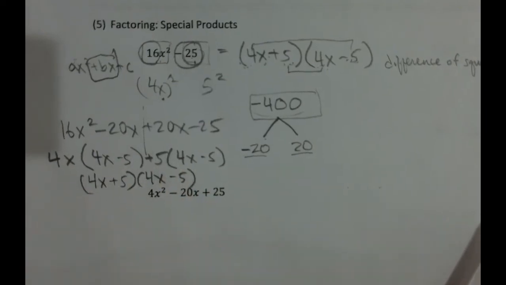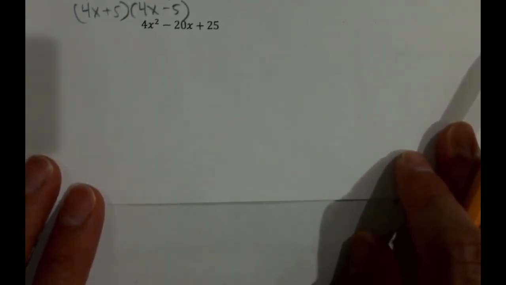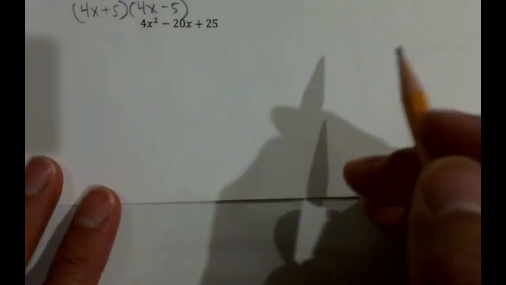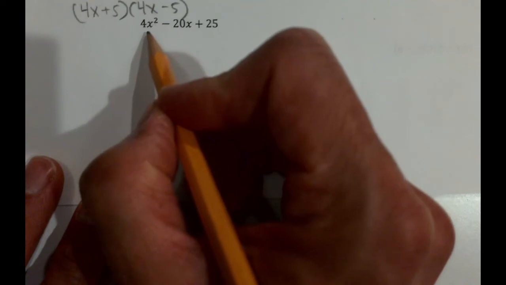Alright, this one is another perfect square, and we can run through it. I think the first one in this video was a perfect square, and this one is too.